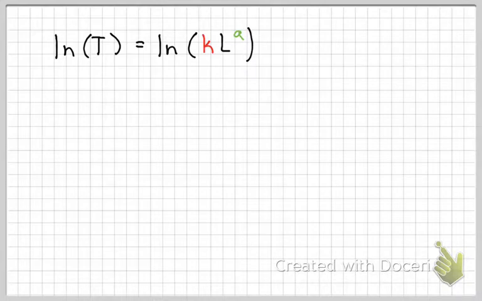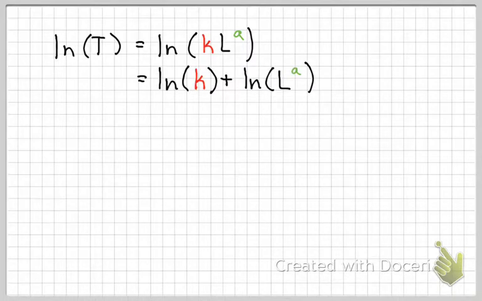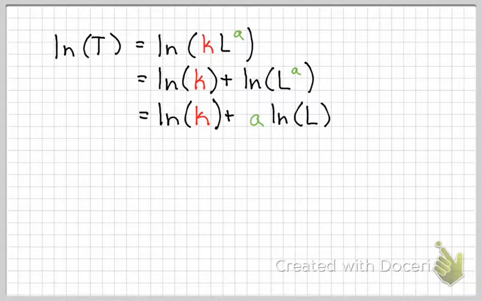One of the rules of natural logs is that if you have two things multiplied together, you can actually separate them out and add the terms. So we can rewrite the natural log of the whole thing as just the natural log of K plus the natural log of L to the A. Another rule of natural logs is that if you have a power, you can bring it down. So I can put the A in front of my natural log of L.